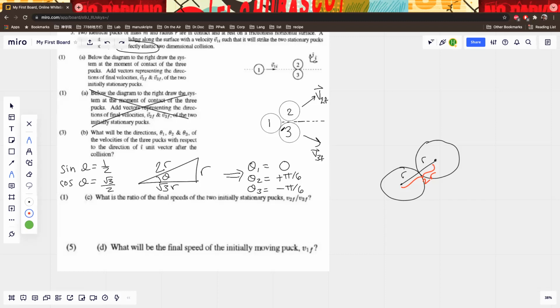And I guess this angle theta 1 could also be negative 180 degrees. So this angle is 0, but it could also be 180. You're right. It could also go backwards, but we do not know exactly at the moment.